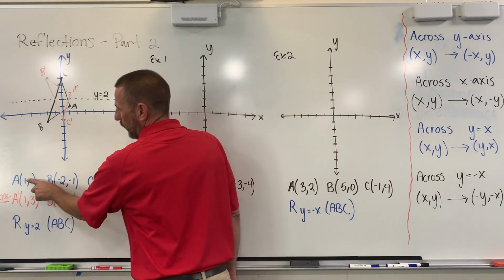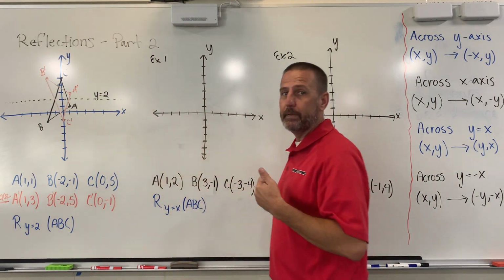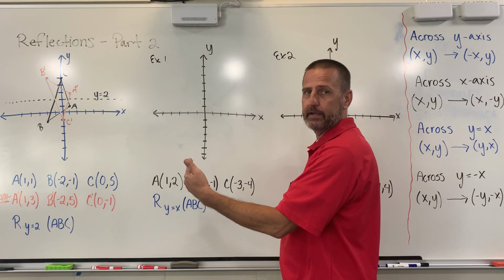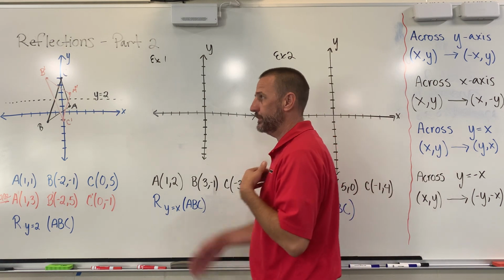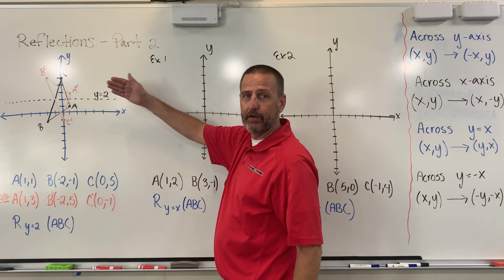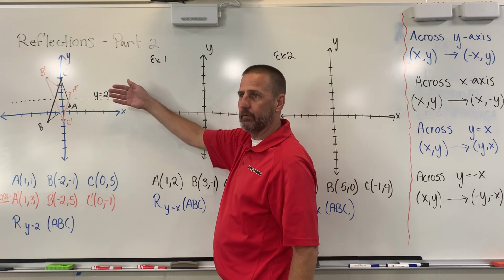If you look at these, 1 is 1, -2 is -2, and 0 is 0. Meaning, when I drew these out, I never moved left and right, which tells me that I must be moving vertically up and down.